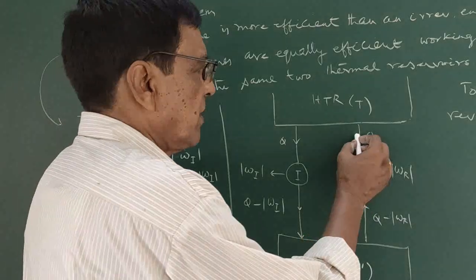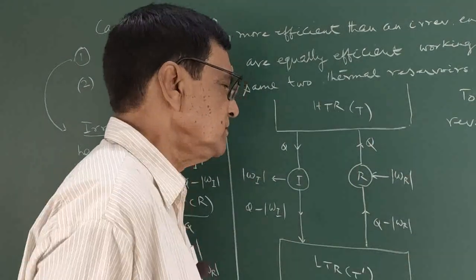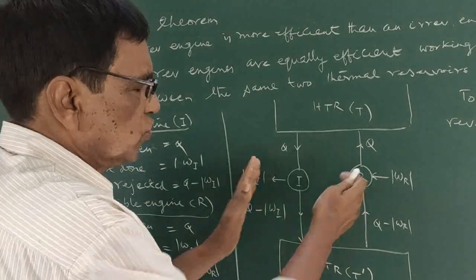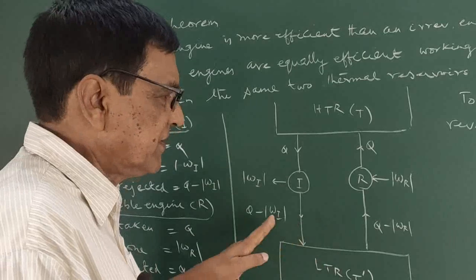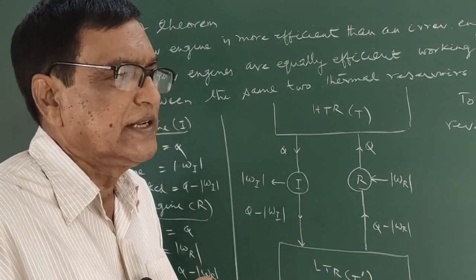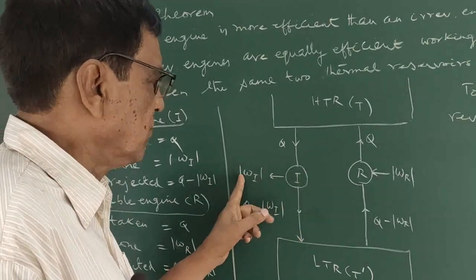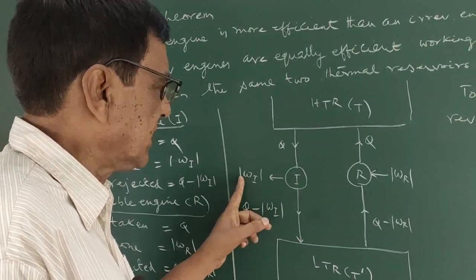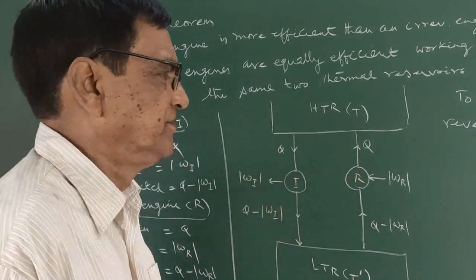So this Q amount of heat is thrown again to the HTR. When these two are connected, this gives you a coupled engine. This gives this amount of work, and this is the amount of work required.